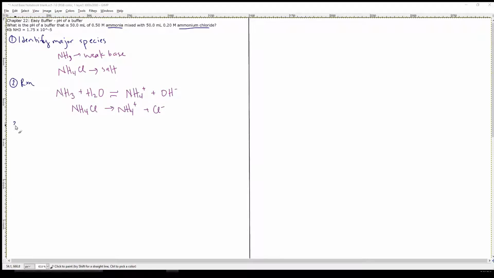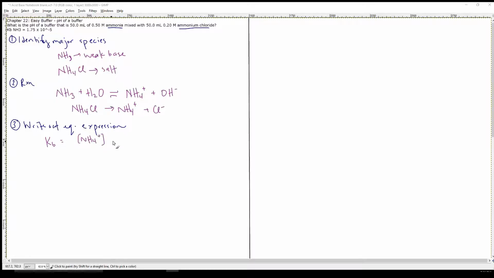Alright, step 3. Since we have a reversible reaction up here, we're going to write out our equilibrium expression. So I know that ammonia is a base, so I'll have a Kb, and I'll have NH4 plus.